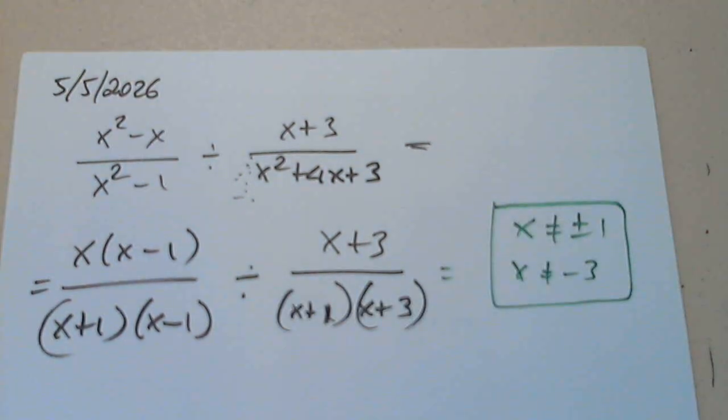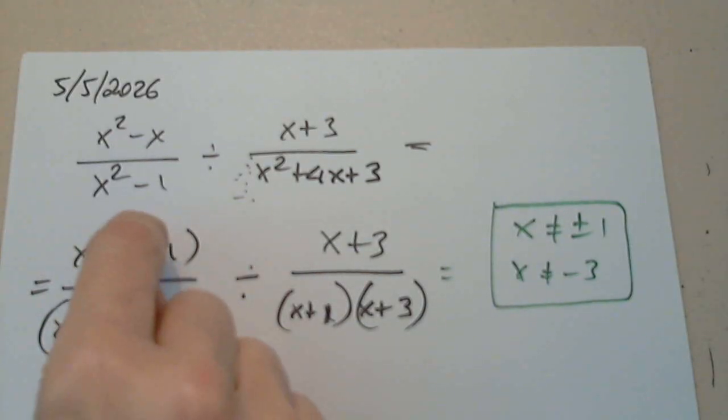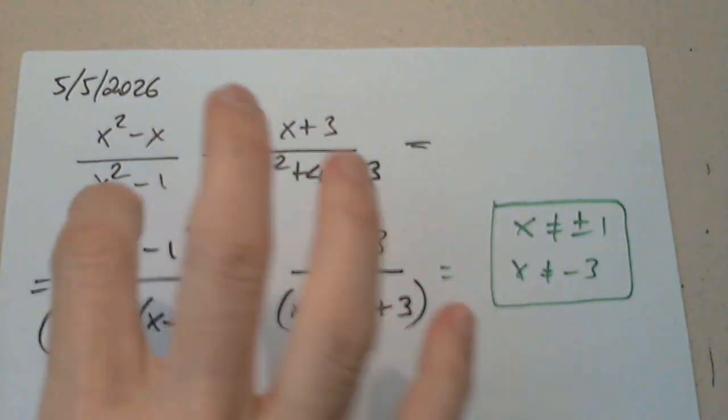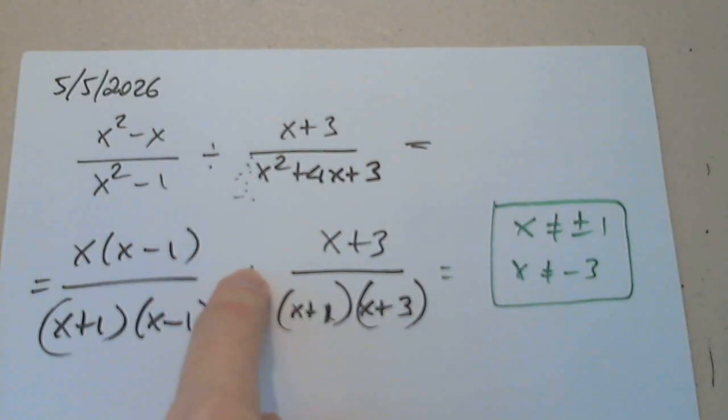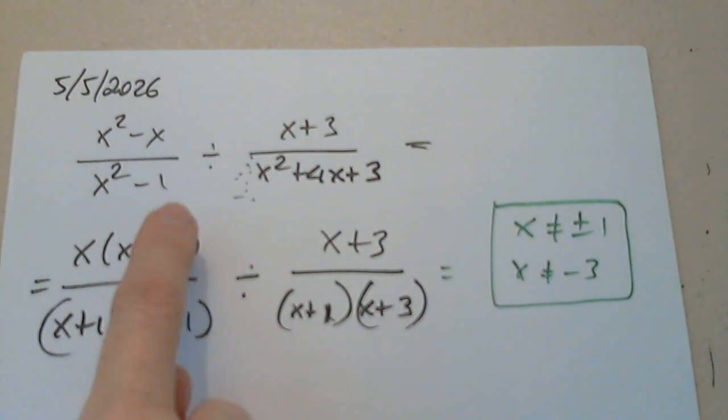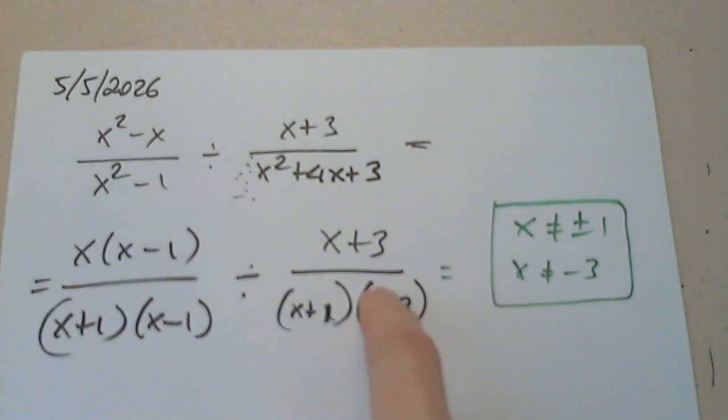So is the cross simplification, is that multiplication? I cannot simplify a factor from here with a factor from here. That's all I meant. Okay. Because it's a division, I can do that, but only after I change it into a product. As is in a division, I'm not allowed to simplify a factor from here with a factor from here like I am in multiplication.